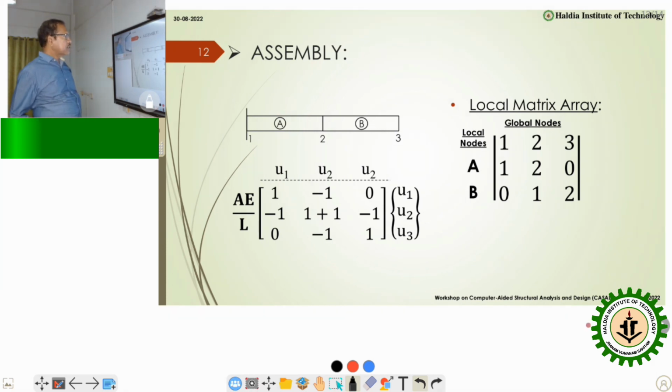assembly of elements. How do these get assembled? Here is the global degree of freedom vector U1, U2, U3. Because it's a bar member, the degree of freedom is along its axis only.